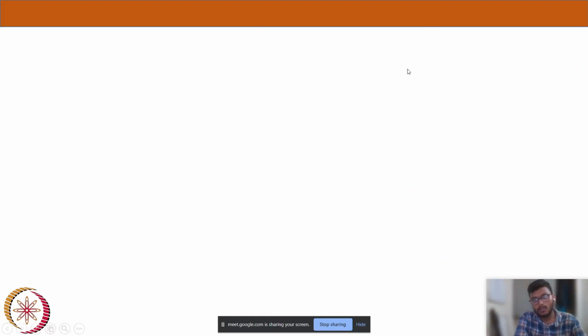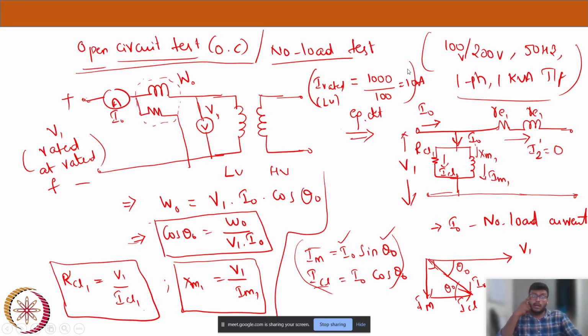That is 10 amps. So our no load current will be around 2 to 5% of this particular 10 amps. Only a very small amount of current will flow through the magnetizing branch as well as the core loss component. So that is the I naught value.